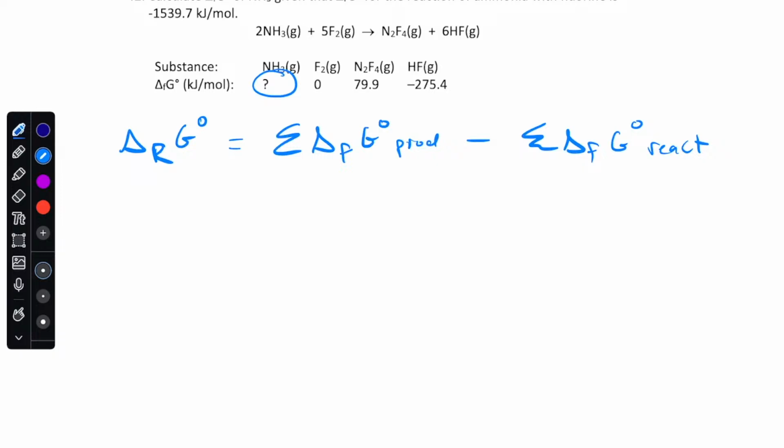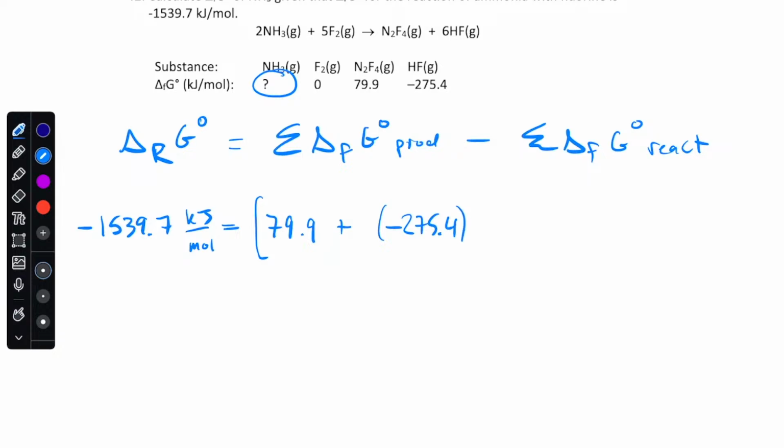So it's telling us that minus 1539.7 kilojoules per mole equals, we're going to do the products first, which is 79.9. These are all kilojoules per mole, so I'm just going to be leaving the units out to keep this a little cleaner. Plus HF, which is minus 275.4 multiplied by 6, because there's 6 HFs on the product side here.